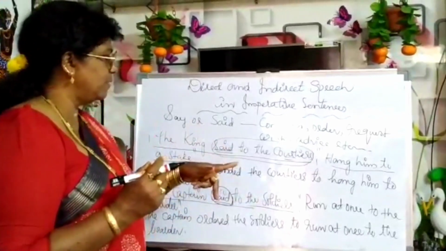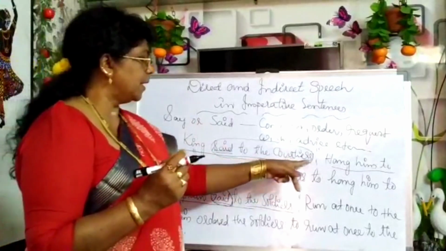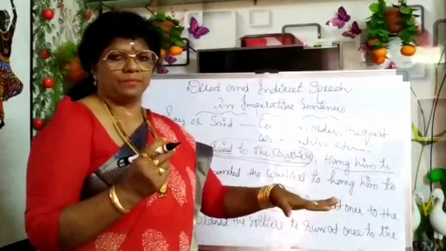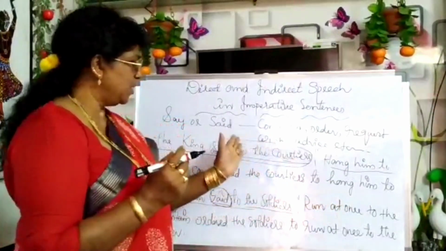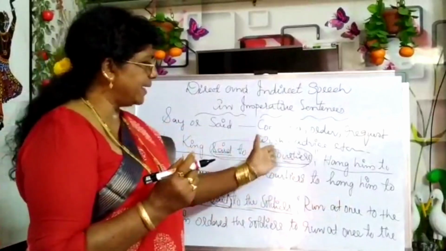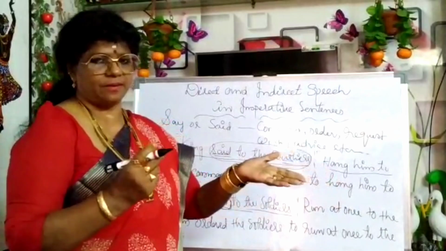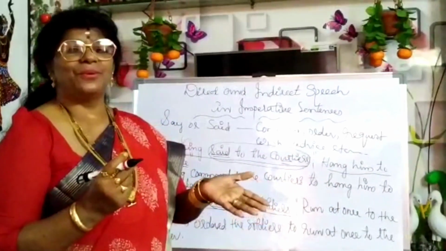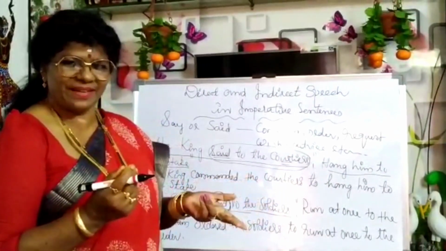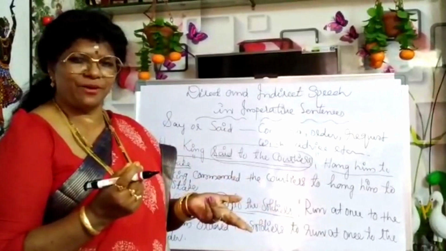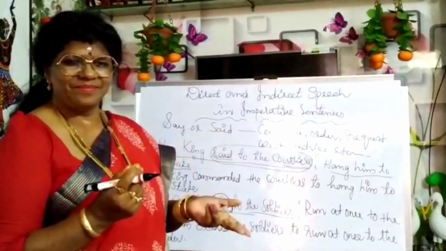Another thing we have to do is remove the comma and inverted commas. While joining the reporting speech to the indirect speech, we have to use "to" as an infinitive. Okay, it's very interesting now. Are you all following me?